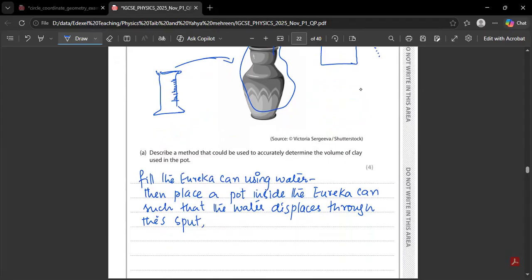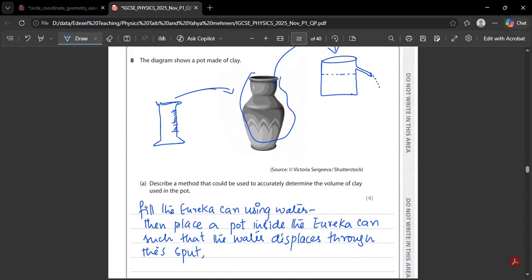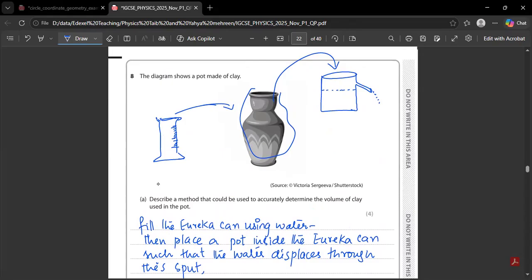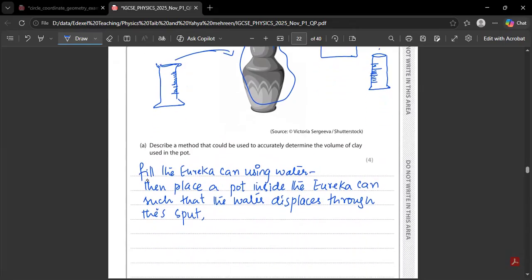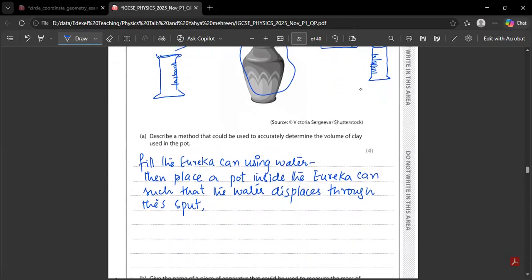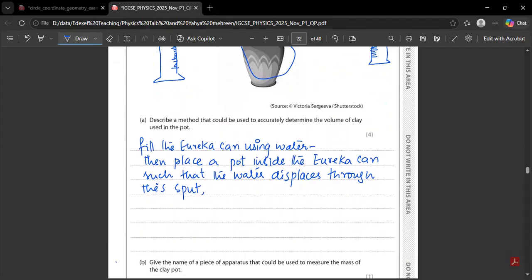Okay, and when the water starts coming out, you will collect the water in the measuring cylinder. Okay, and then you will measure the amount of volume that is collected in the measuring cylinder, right?